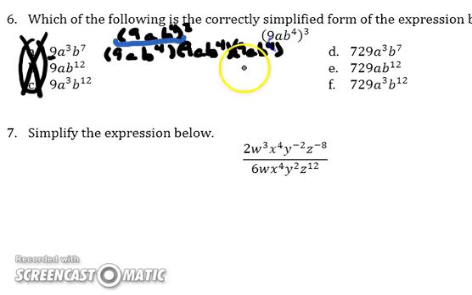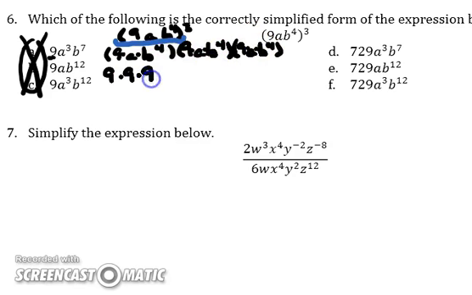to the fourth. Now, using the associative property, I know that these parentheses don't matter. Using the associative and commutative properties, I can write all of the 9s up front. This is all multiplication. I can put multiplication signs in here if I really want to. They're not necessary, but I can. So this means that I'm just multiplying all these things together.